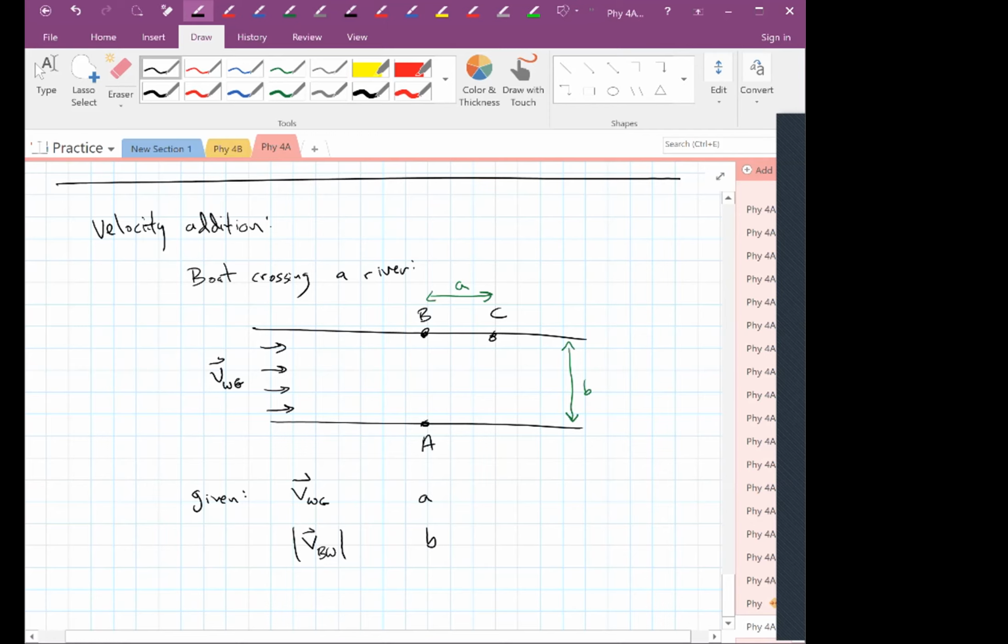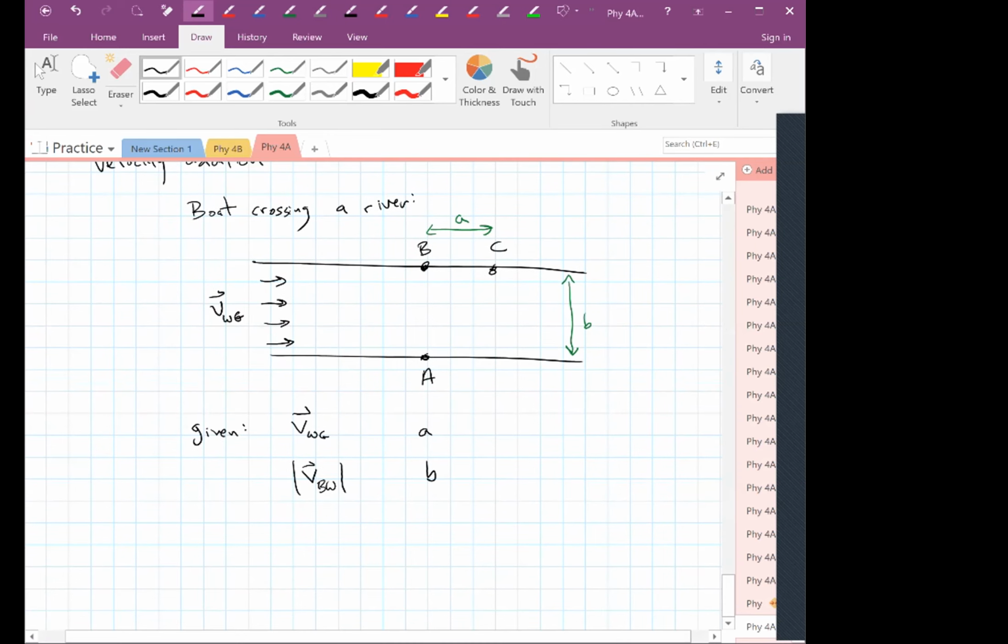We want to find theta. At what angle do we need to orient our boat such that we go from A to B? In other words, we want to go straight across. So think about that for a second. See if you can set that up.